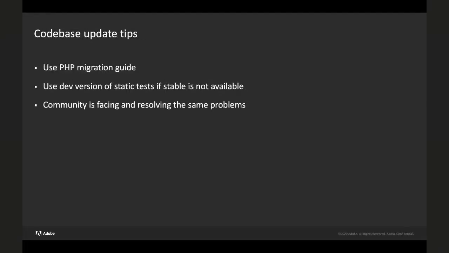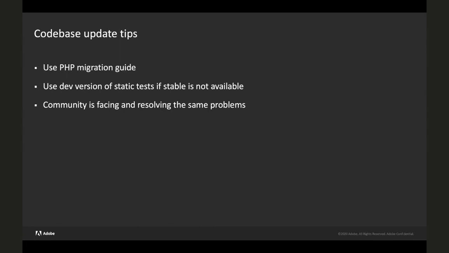And as for the tips, as for dependencies migration guide, in this case, PHP is providing a very nice migration guide. So also before going into investigation, how to replace certain functionality, how to refactor it for compatibility, check out the PHP migration guide.